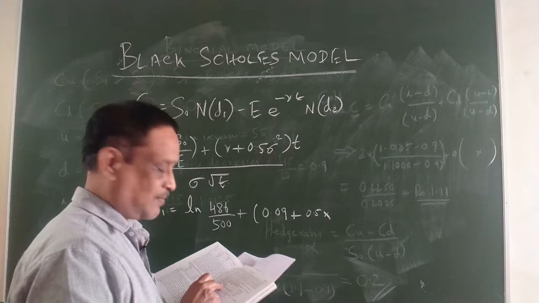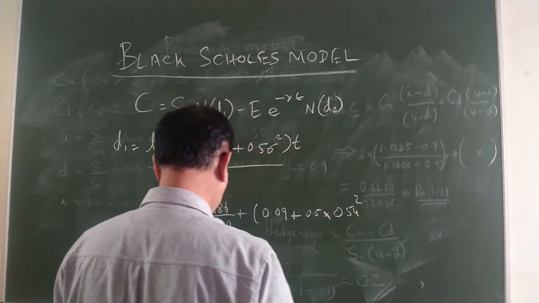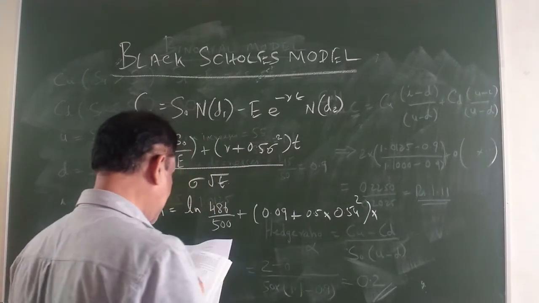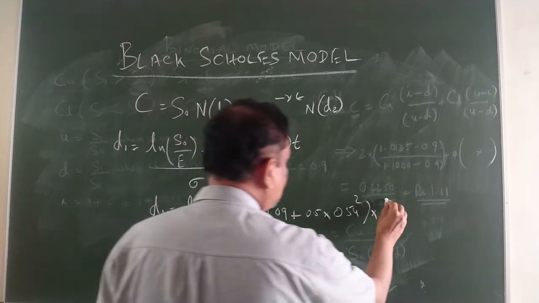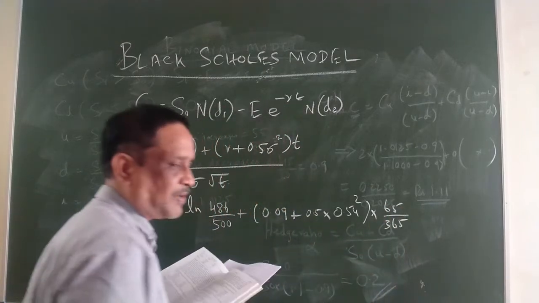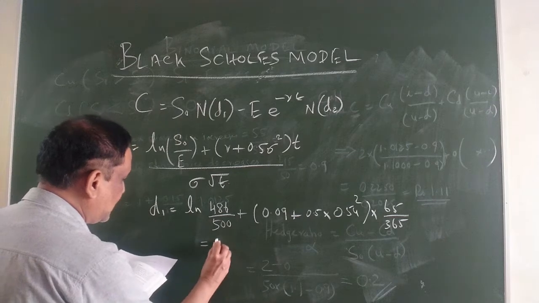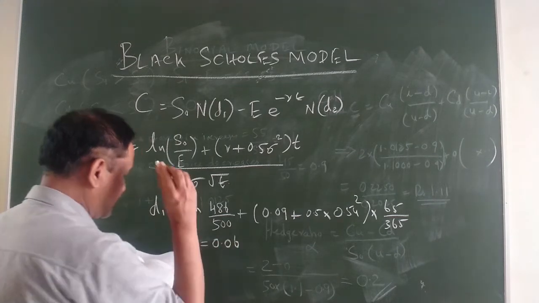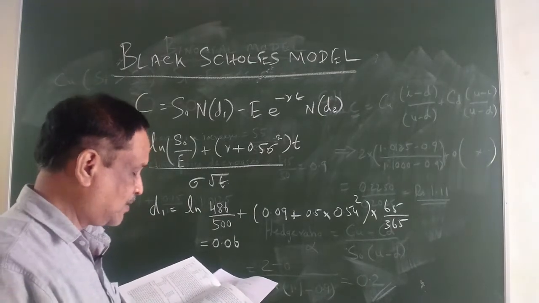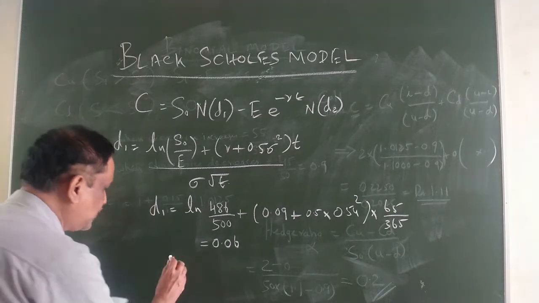Sigma is the standard deviation, which is given as 0.54, squared, multiplied by time. Time is given as 65 days. Remember, always these days should be converted into years. So 65 by 365. You will be getting the value as 0.06. So we have got the value of d1 as 0.06.